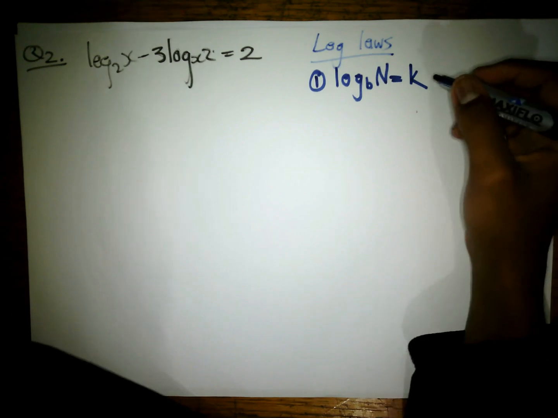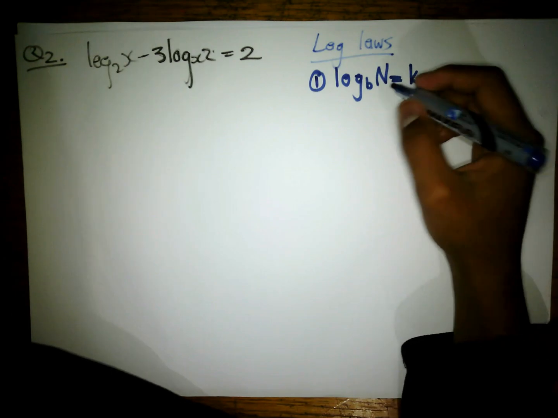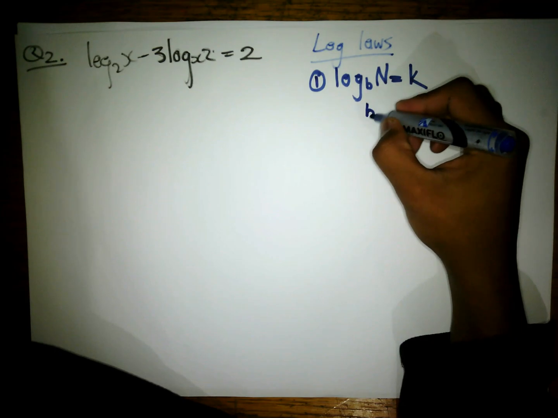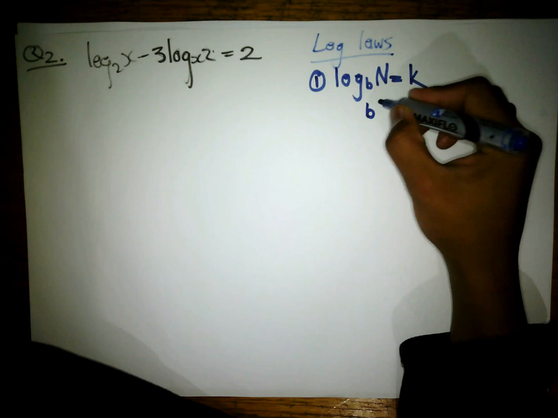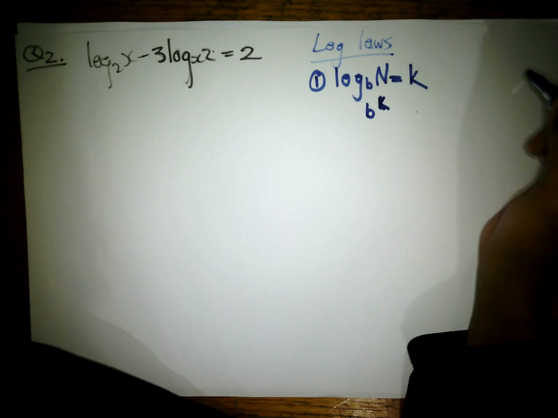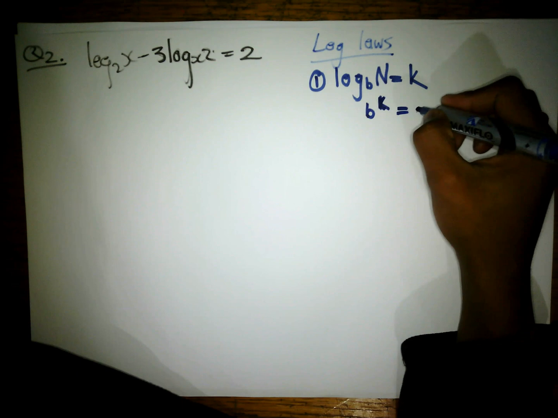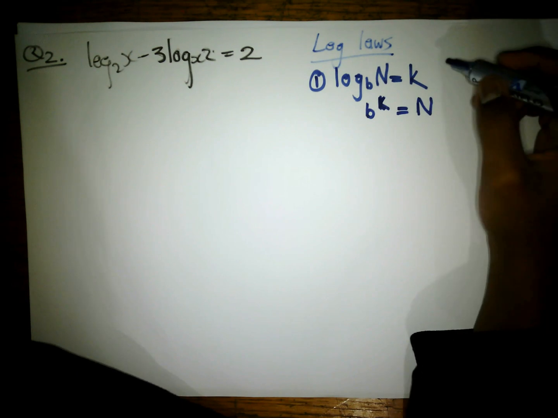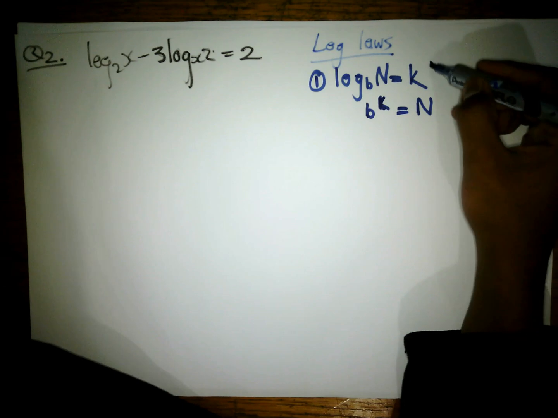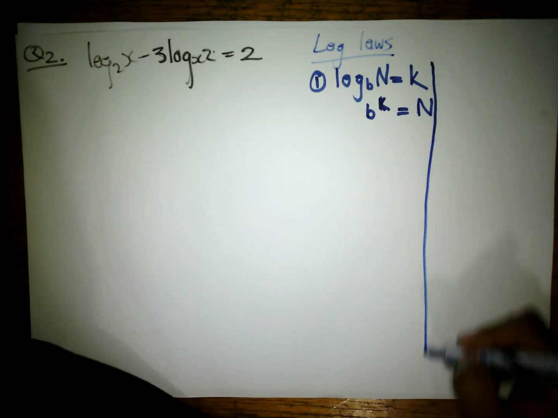In logs we have this rule where the base drops, the k, the exponent, comes over and becomes an exponent there, and the number goes to the other side. That's all it is.